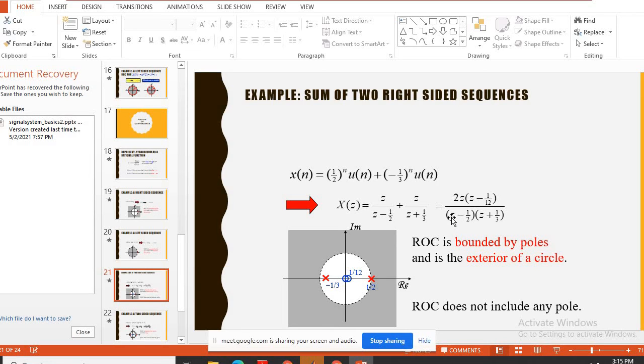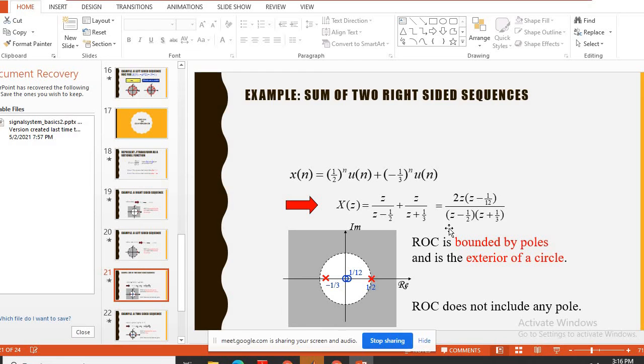And what are the poles? Poles are Z equal to 1 by 2, which makes this term 0, and Z equal to minus 1 by 3, which makes this term 0. If any term in the denominator becomes 0, your resultant X of Z becomes infinity. So what is a pole? A value of Z in the denominator because of which X of Z becomes infinity. And what is a zero? A value of Z in the numerator because of which X of Z becomes 0.